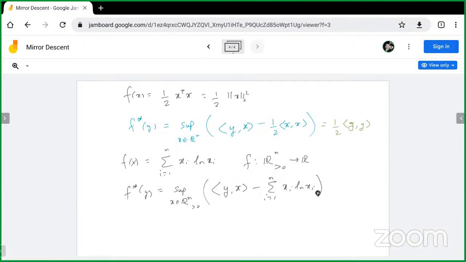So notice that this is separable. So I can break it component by component. So it's enough to pretend that n equals 1. It is separable.